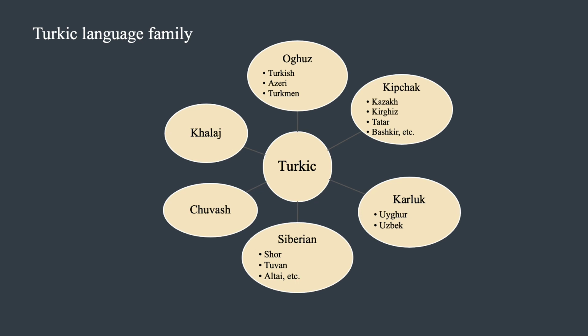The Kipchak branch contains Kazakh, Kyrgyz, Tatar, Bashkir, and so on. Uyghur and Uzbek belong to the Karluk branch. Tuvan, Altai, Shor, and other Turkic languages belong to the Siberian group. Chuvash and Kalach groups only contain those two individual languages.